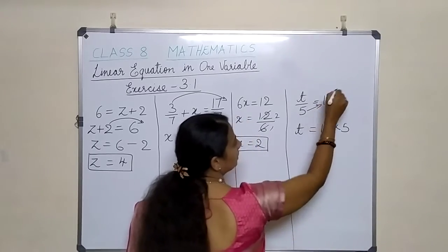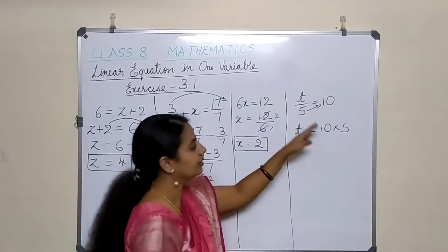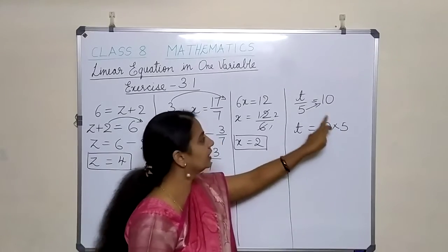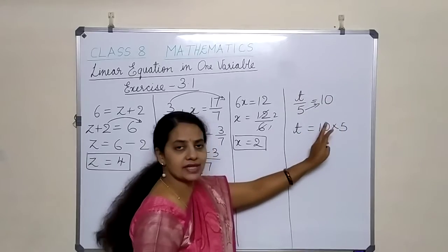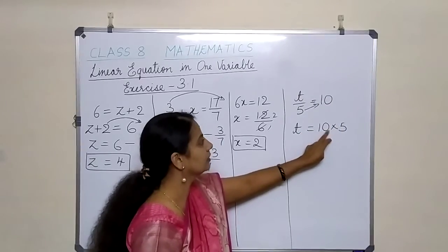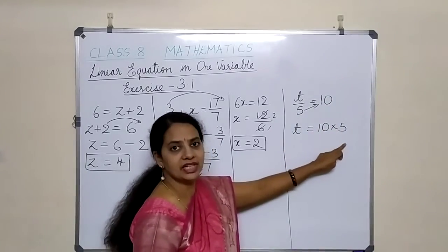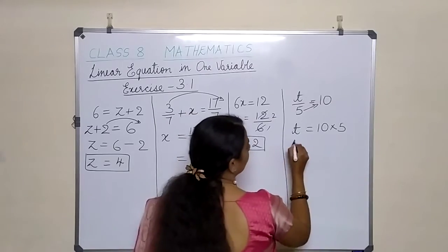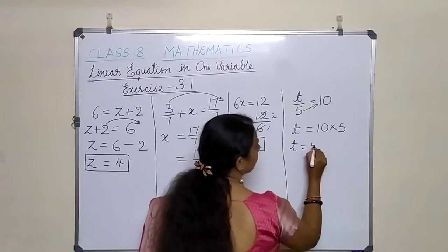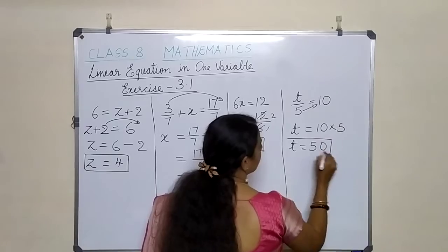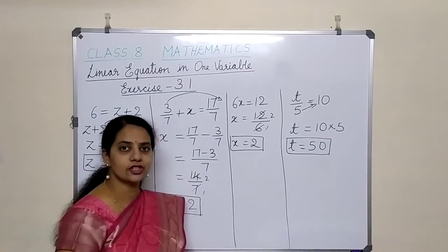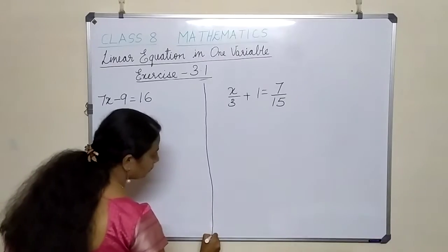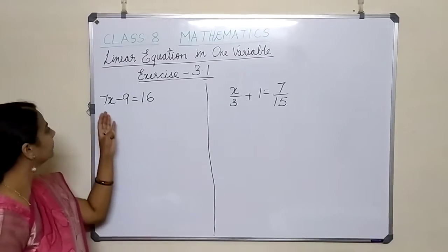Here it is in the form of division, right? So when it goes to the other side, it becomes multiplication. Divisor becomes a multiplicand. So t equals 10 into 5 is 50. So this is how we have to find the solution. You understood, children? So we will see some more examples now.